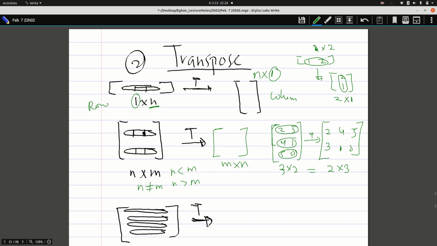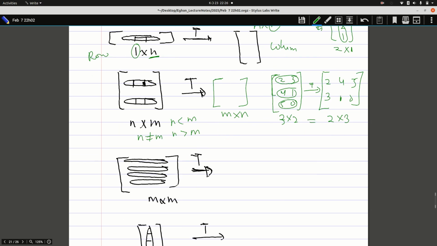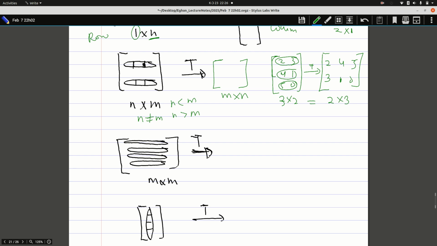If I have a square matrix, what do you think the transpose would be? I'll end up still getting a square matrix. So example, if I have 2, 4, negative 1, 5. The transpose of this becomes: this row becomes a column, so I have 2, 4. This row becomes a column, negative 1, 5.